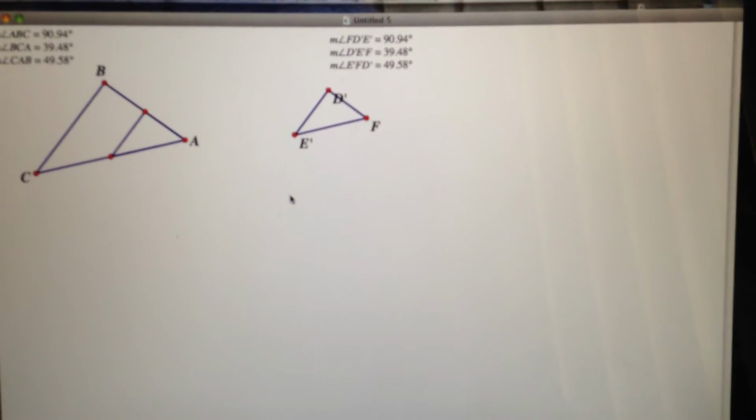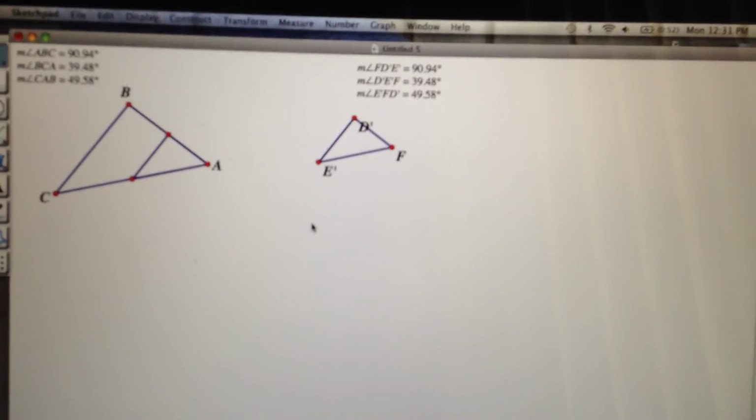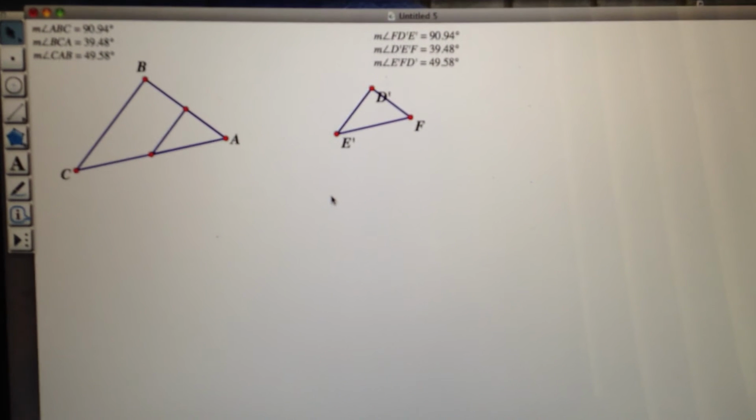And then the content knowledge, I definitely think this helps them in learning that I want them to realize that angle, angle, angle is not a correct rule for determining if two triangles are congruent.